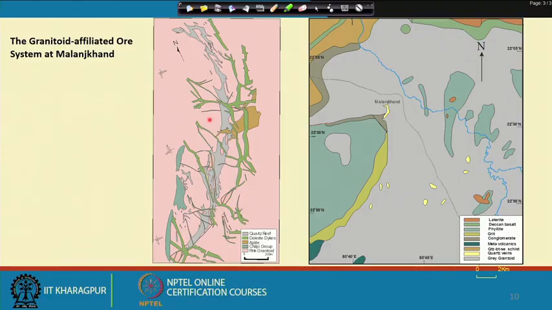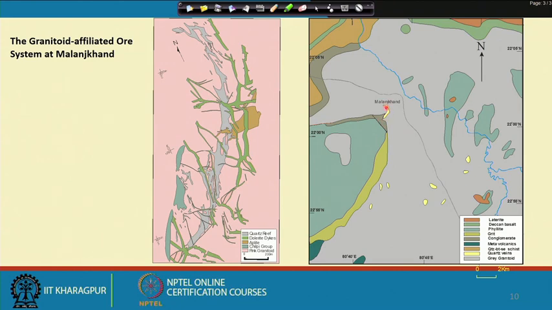So, this example has been taken from the Malanjkhand mineralizing system, which is essentially a deposit hosted in a granitic rock, as shown in this local scale geological map at 1:50,000.